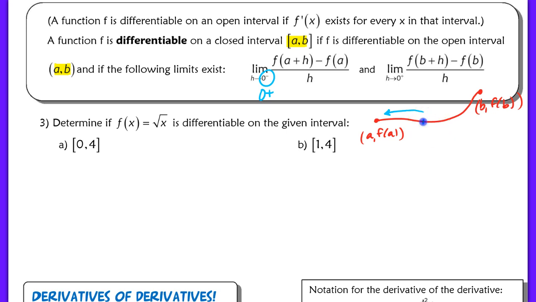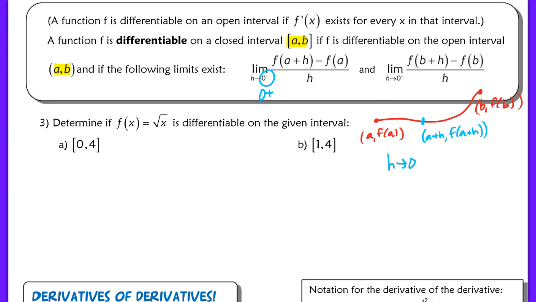So you're taking a point, this is a plus h comma f of a plus h. As you take this point and move it closer and closer to a comma f of a, that means h is approaching 0. So we're approaching 0 from the right, meaning we're moving towards that endpoint from the right. Now, if that limit exists, then it's differentiable at a, f of a.